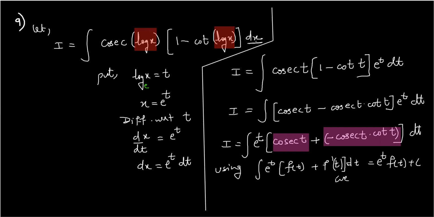What do we get, students? We will get I equals e raised to t f of t, that is e raised to t into cosec t plus c. And what is e raised to t? e raised to t here is x. For e raised to t I can directly write x. So my final answer is I equals x into cosec t, t is log x. x into cosec log x plus c. This is my final answer.